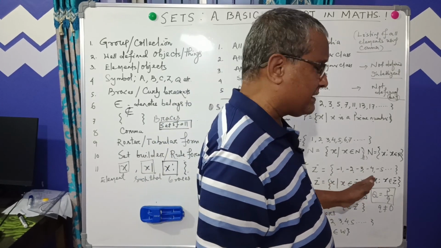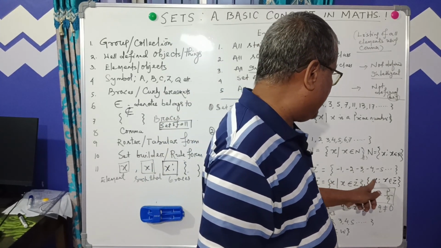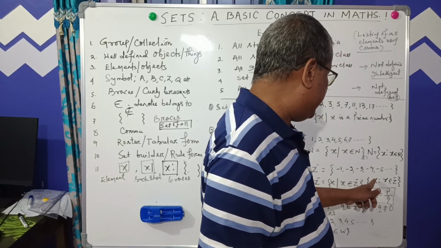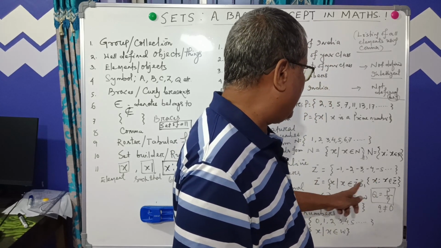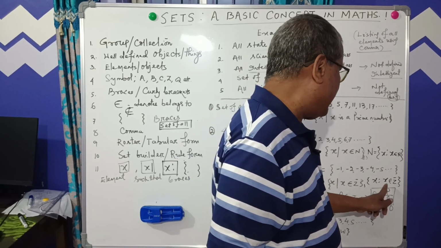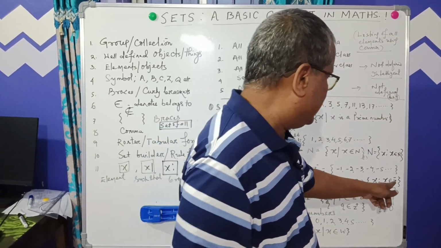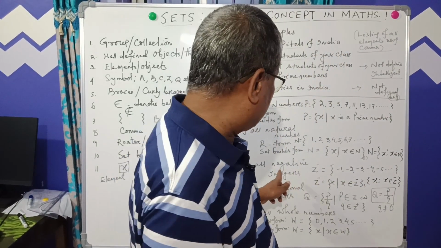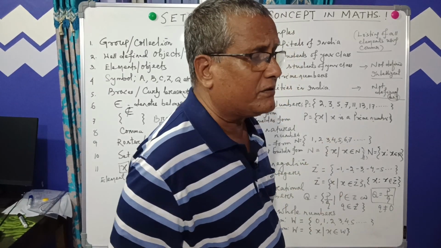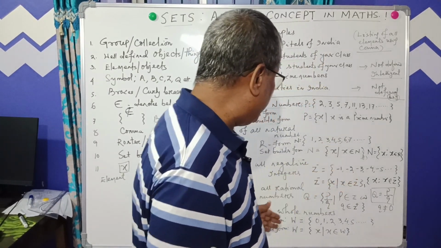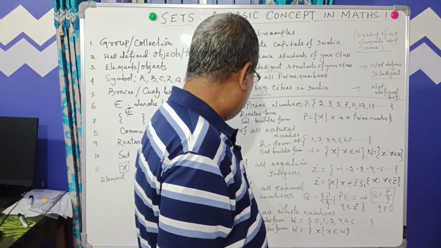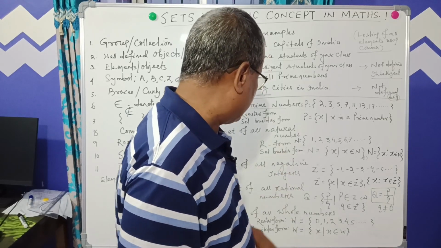In the same way, we can write x, where x is an element of Z and x is negative. So applying this rule method, we can express the set of all negative integers.